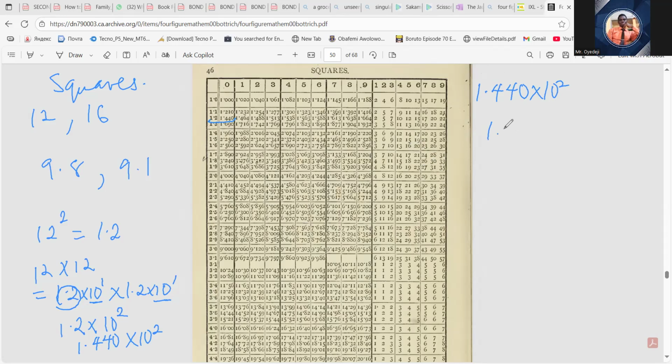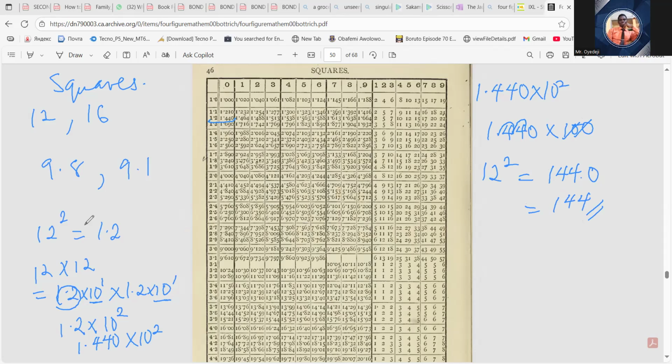So we have 1.440 times 10 times 10, which is 100. So we move the decimal here once, cancel one 0. Move another again, cancel another 0. So 12 raised to power 2 equals 144.0, which is the same thing as 144. I hope you get that.